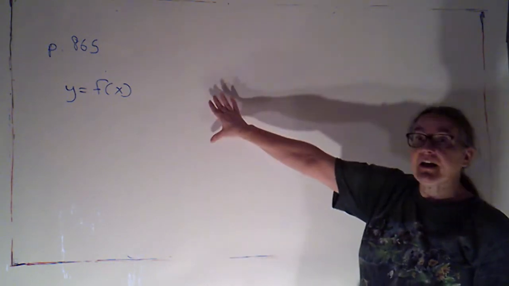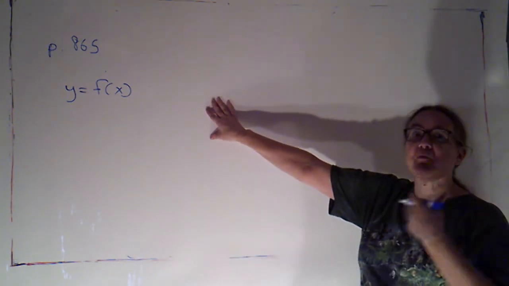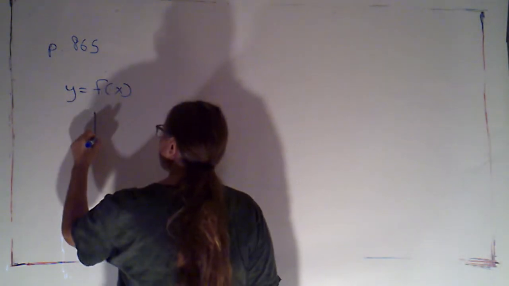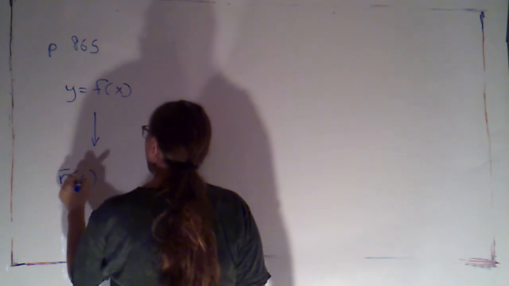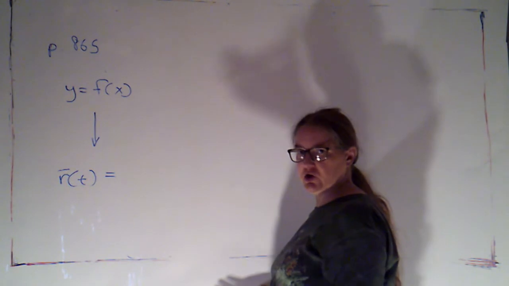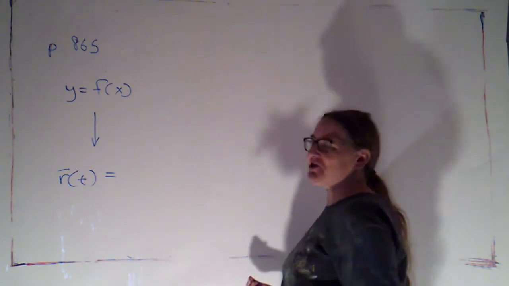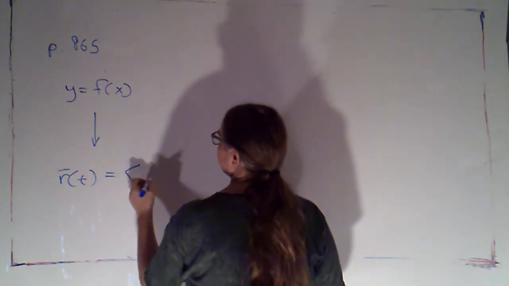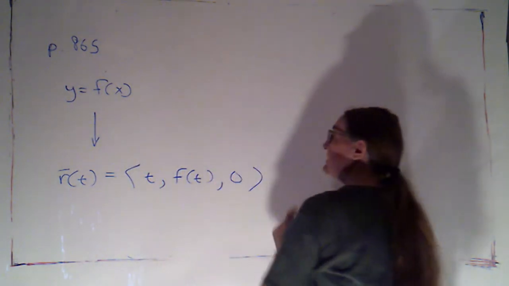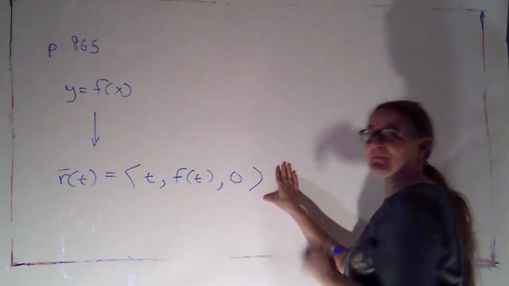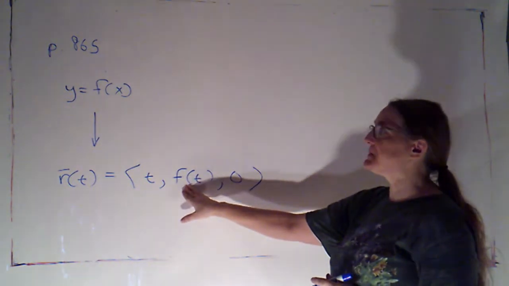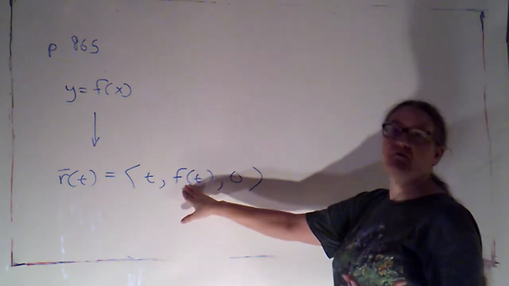Now, if I want to find the curvature of that, I would want to write that as a vector function. So I would go from this to r of t. Now, ordinarily, I would go to a curve in 2 space. If I want to, though, I can go right to being in 3 space, and I could just say it's t, f of t, 0, and then I can apply my other formulas for curvature, but I'm going to get things in terms of the derivatives of f.